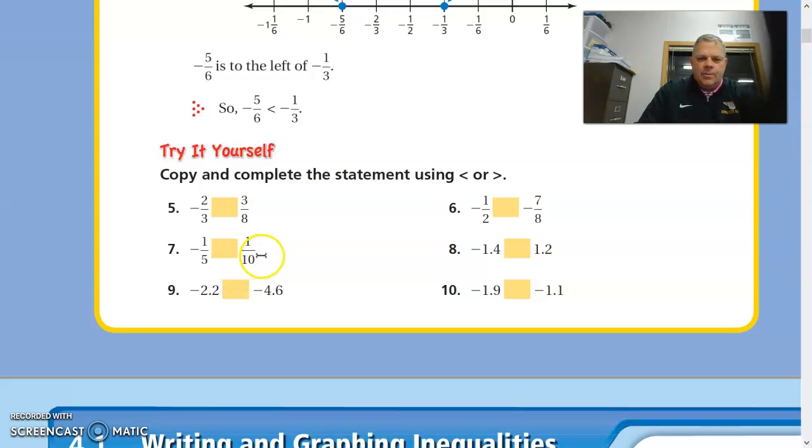The positive is going to be bigger. Again, over here we've got a positive bigger, so negative 1.4 is less than 1.2. This one is going to be closer to 0, so we've got negative 2.2 is greater than negative 4.6. And again, this one is going to be closer to 0, so we've got negative 1.9 is less than negative 1.1.